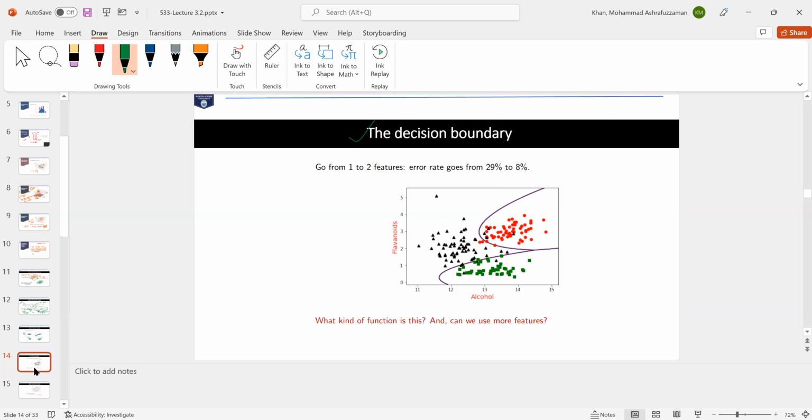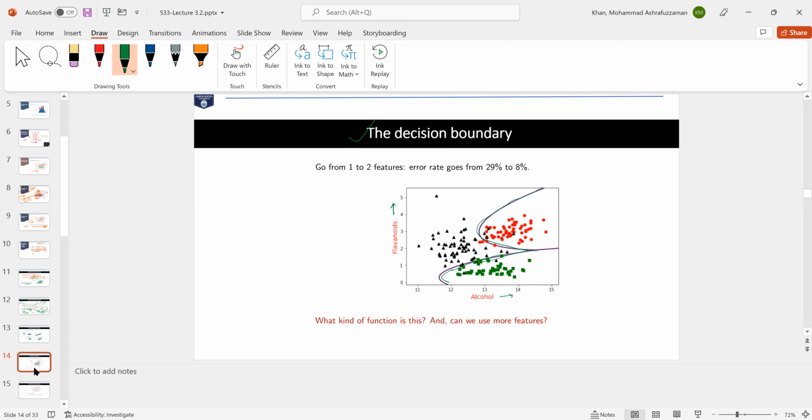For example, here for three different wineries, if we use only two features and we plot the values, maybe we'll get something like that. And we see here that if we can draw boundaries like this, then we can use these boundaries later for future classification.